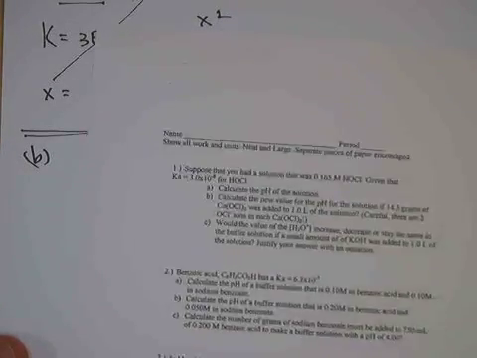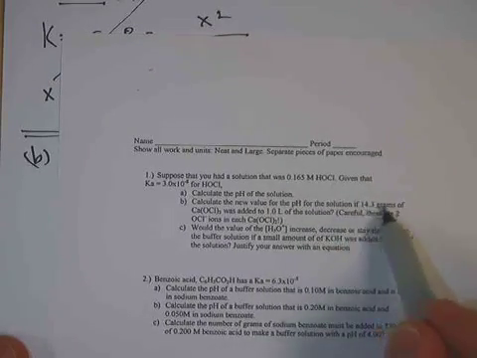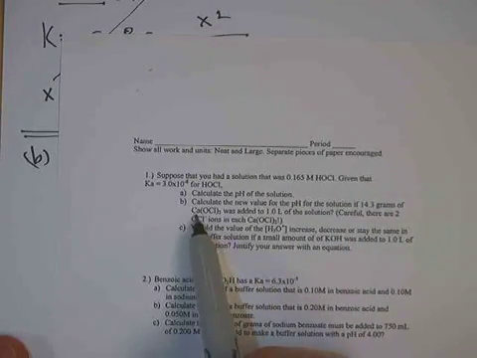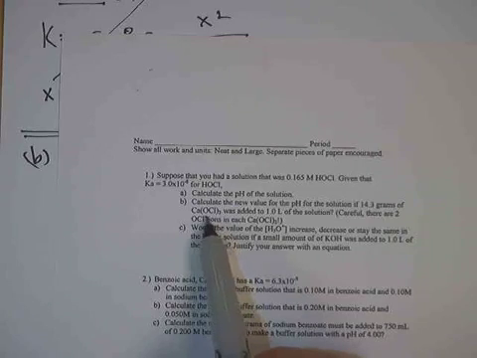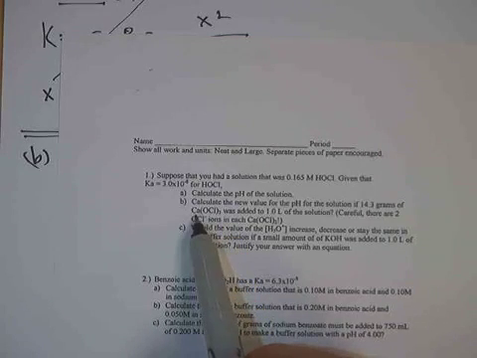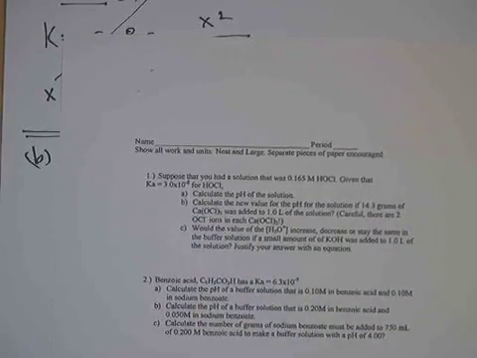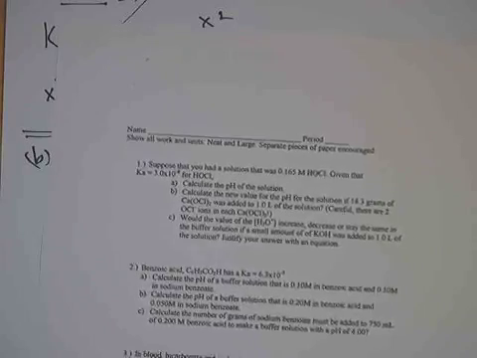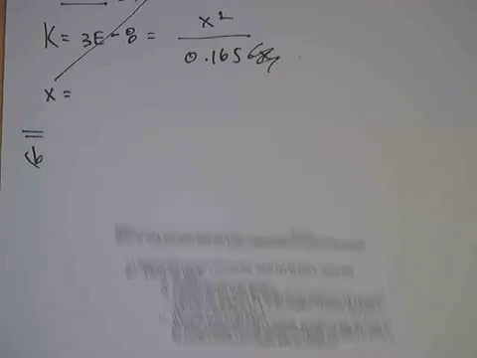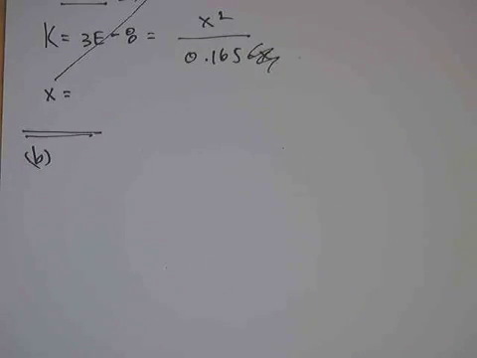On to part B, it now says to calculate the value for the pH when there's 14.3 grams of calcium hypochlorite. So the OCl-, the anion of the acid, came together with calcium to make a salt. And it's dissolved in 1 liter of the solution, and it gives me a hint: careful, there are 2 OCl- ions in each one of these.